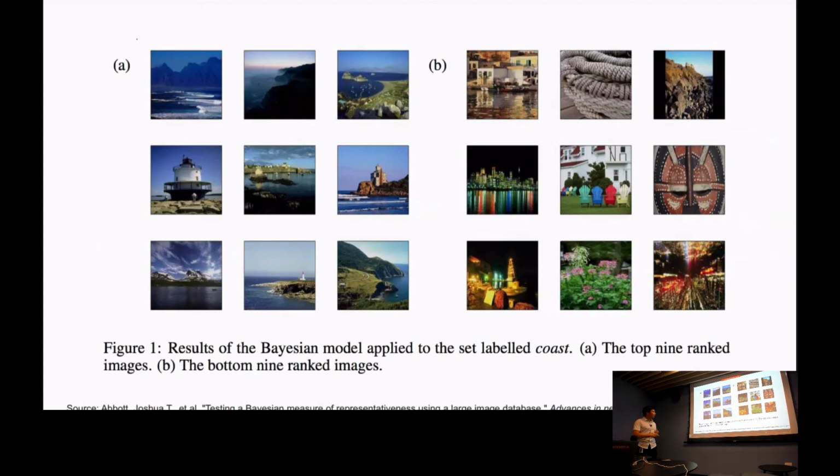This example shows that if you are given a set of images labeled cars, and after you use the Bayesian score, you pick the top 9, then the top 9 returned by Bayesian sets are a very good representation of the category. And if you pick the top 9 at the bottom of the ranking list, I don't think it has a sense of cars in the pictures.